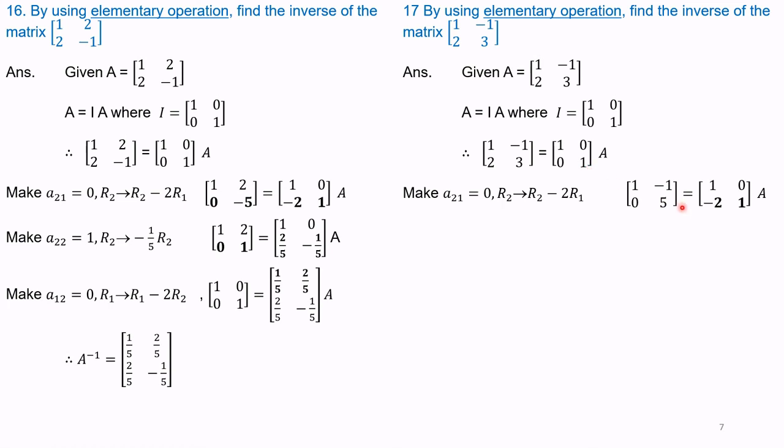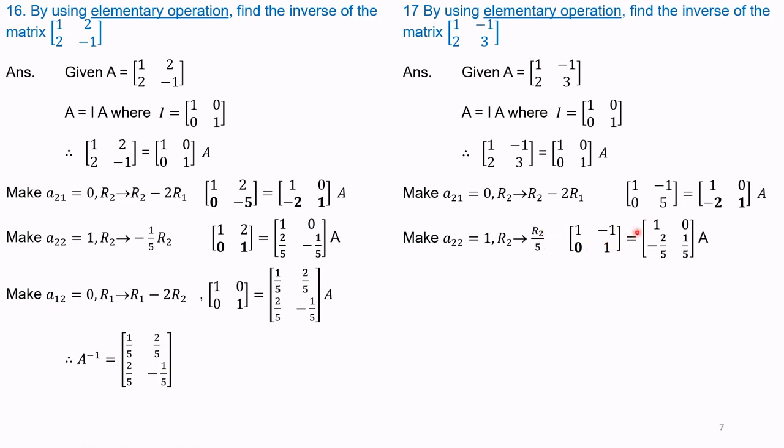Therefore, this is 1 only. So, next step is to make R2 to 1. Here we have to make 1. To make it 1, we have to multiply it by 1 by 5 or divide it by 5.